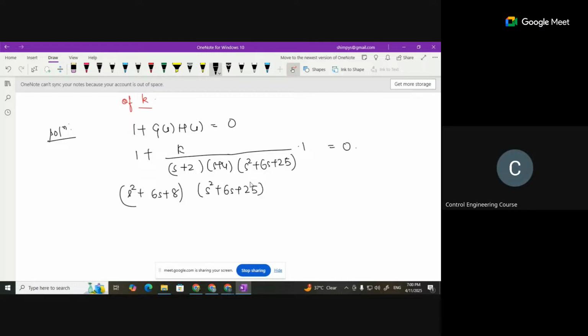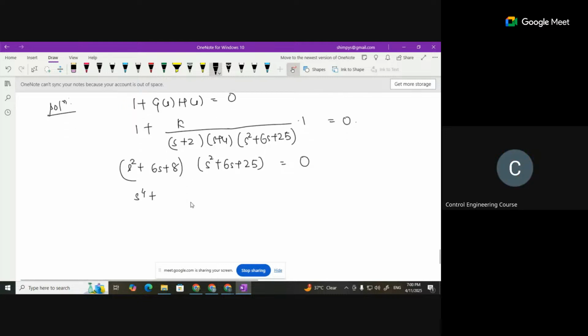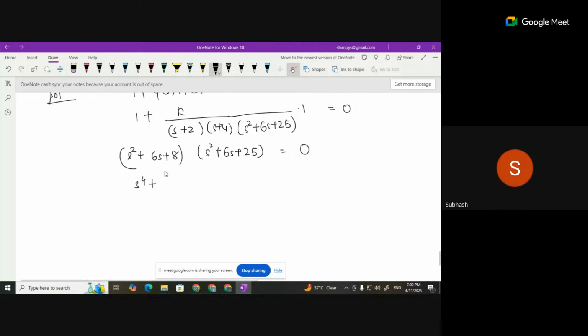So what you're getting, S to the power 4 plus, you have to expand it, right? Do it and tell me what you're getting. 12 S cube, correct?